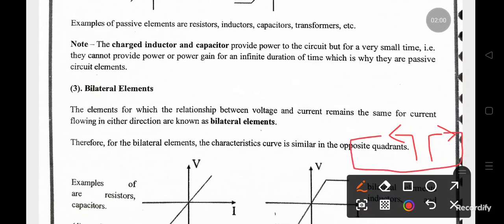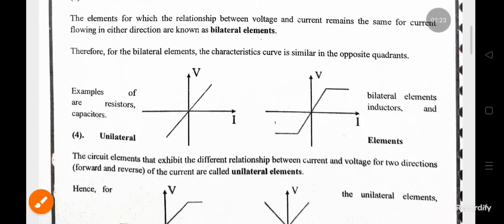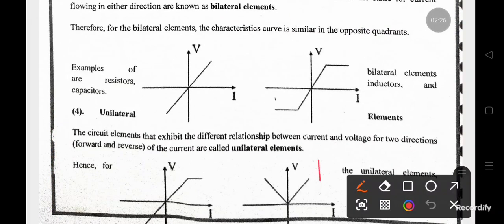If the current is flowing in both directions and the relationship between voltage and current is the same, then that element is called a bilateral element. If the relationship between voltage and current is not the same, then it is called a unilateral element. The circuit elements that exhibit a different relationship between current and voltage for two directions of the current are called unilateral elements.